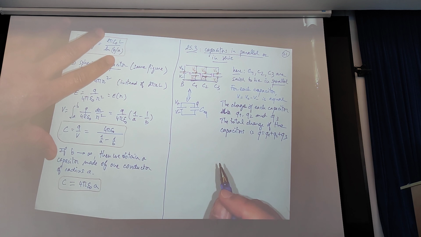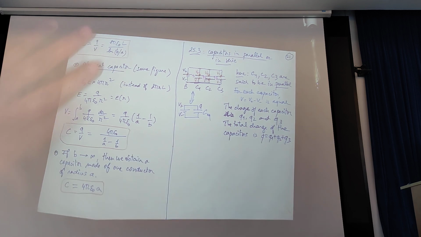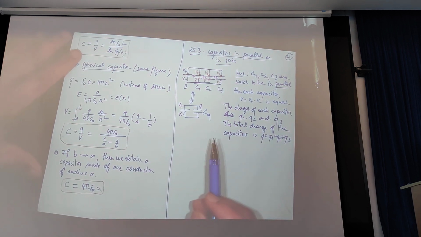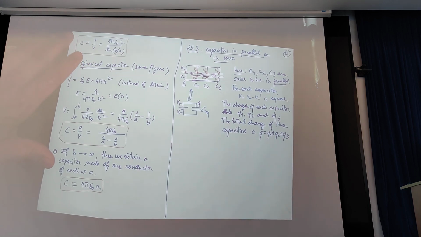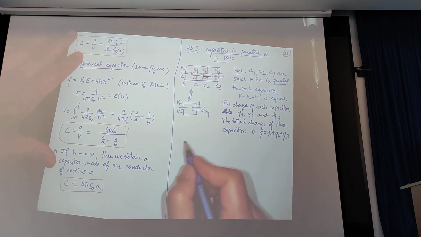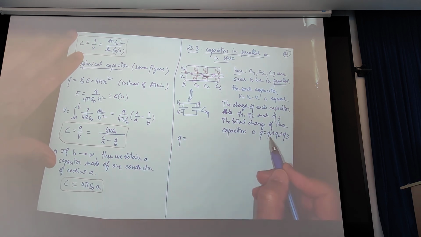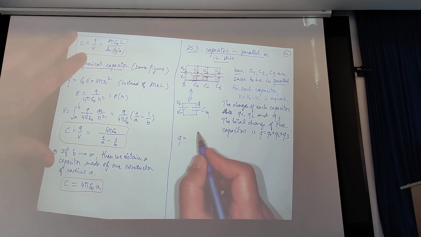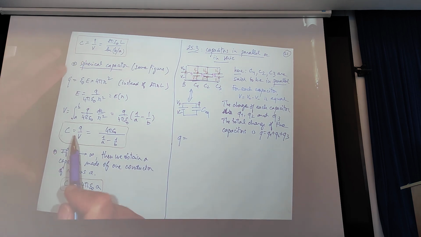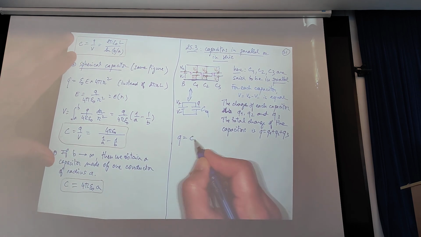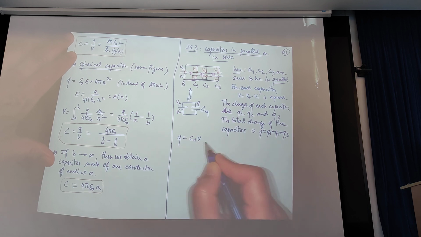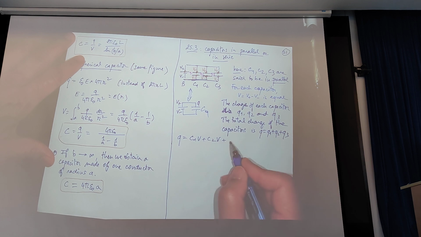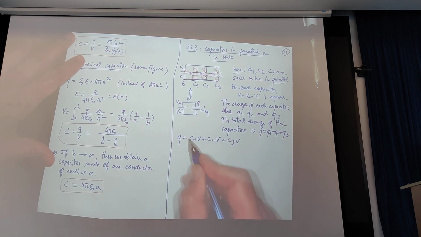Now Q1 by definition is C1 V, Q2 is C2 V, and Q3 is C3 V.